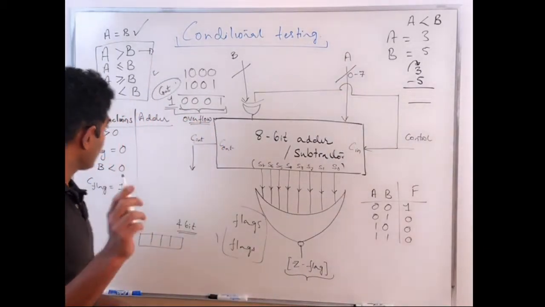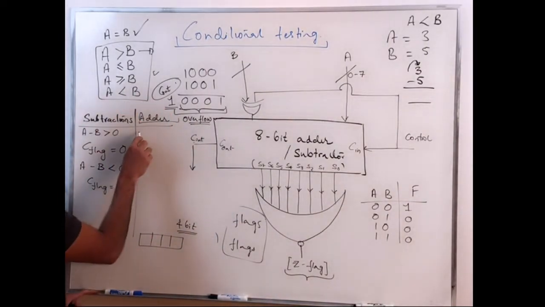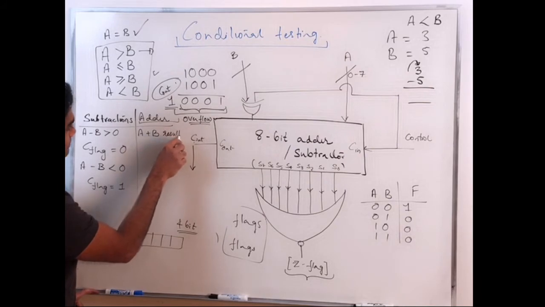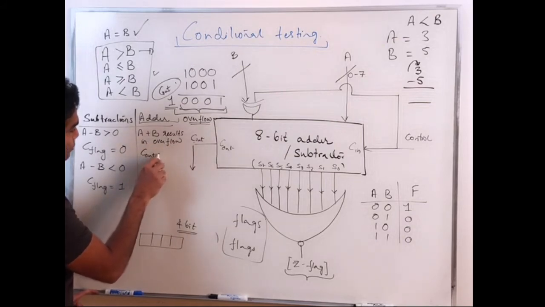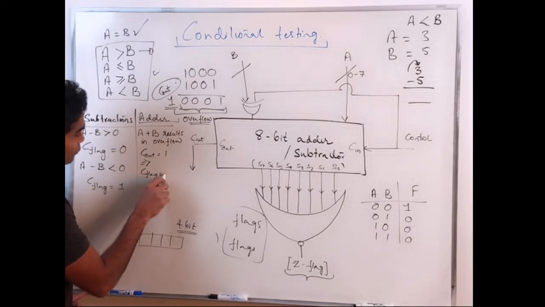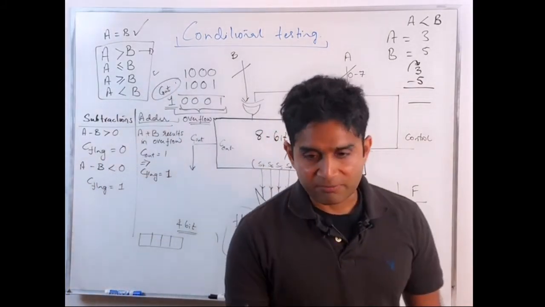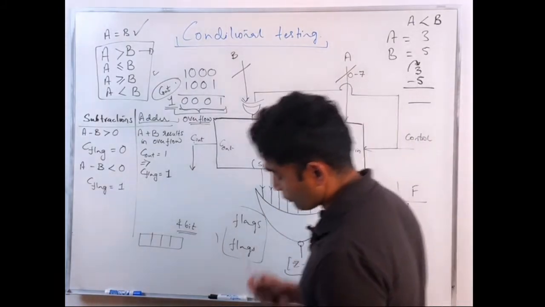All right. So when I'm doing the addition operation, if my A plus B results in an overflow, or in other words, if my C out is equal to 1, that implies my C flag should also be a 1. So when I'm doing the addition operation, I will use my C flag as the overflow indicator.